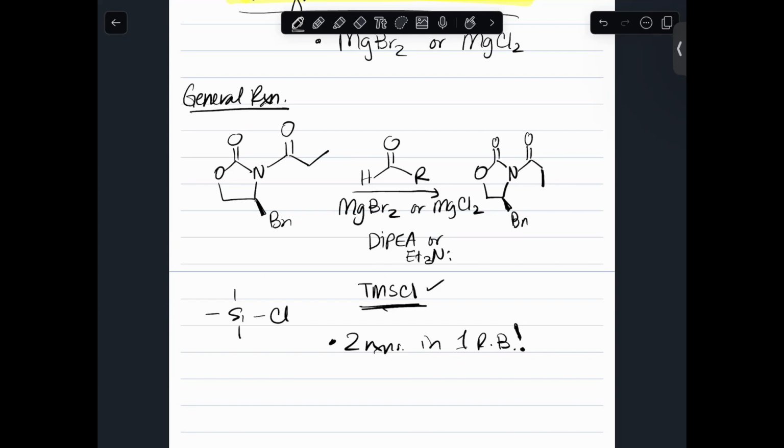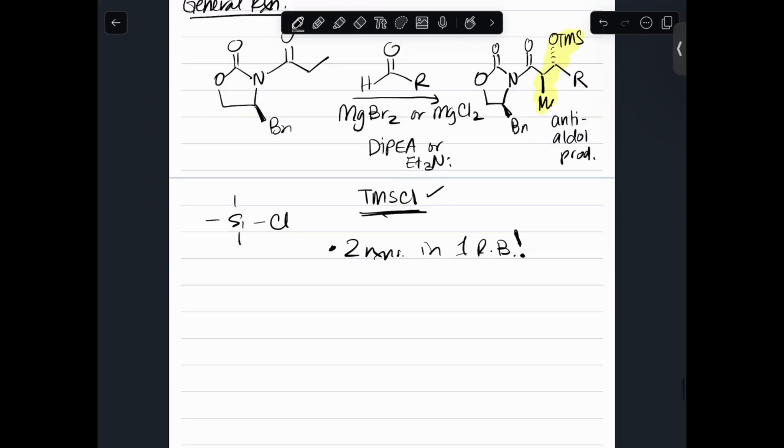And just like before, we'll talk about the transition state. We'll talk about what's happening because this is pretty counterintuitive. And so if you notice, you're forming the anti-aldol product. Okay. So that's the first thing that I want you to notice.